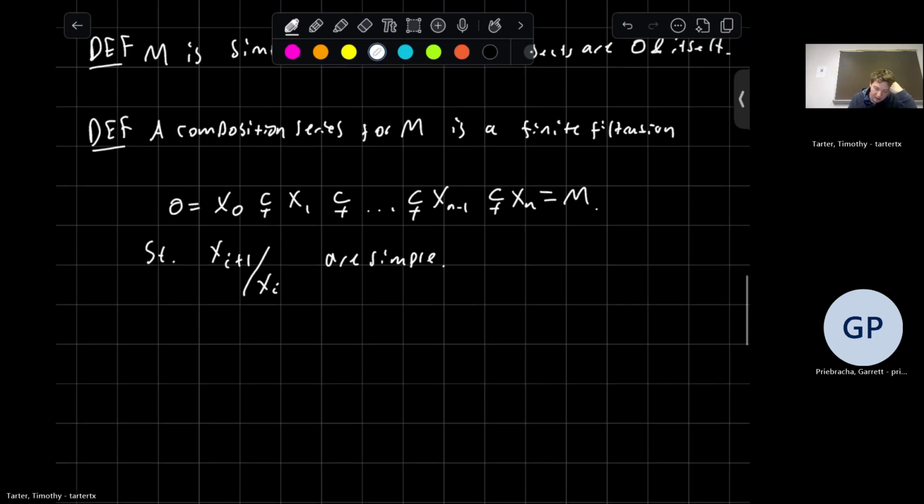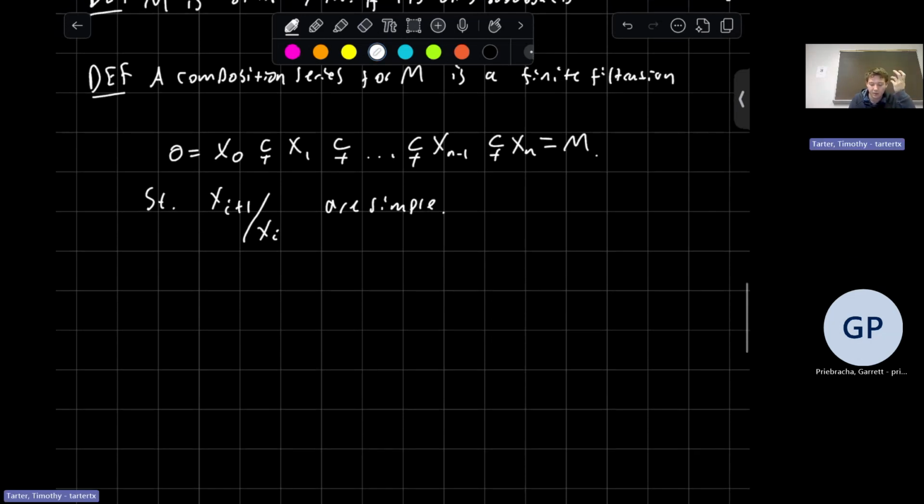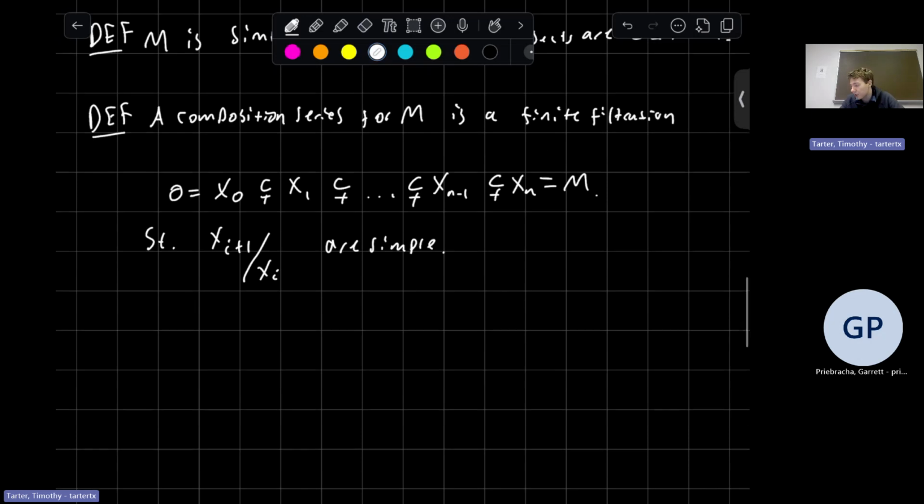Now, we've seen this before, right? Where have we seen this before, Garrett? I don't know if you'll remember this. Finite abelian groups? Close. It was when we did Galois theory last summer, and we were talking about the solvability of the quintic. We said that a group was solvable if basically there existed a composition series for it.